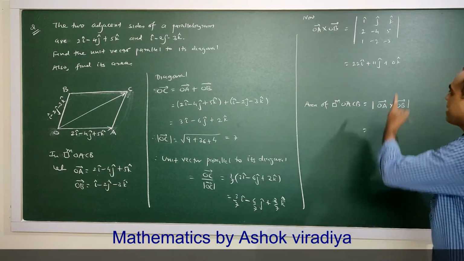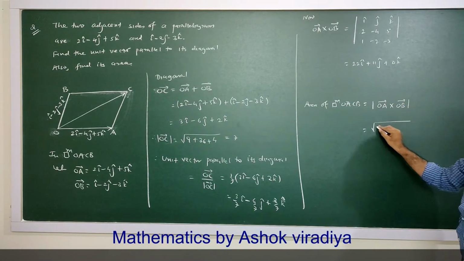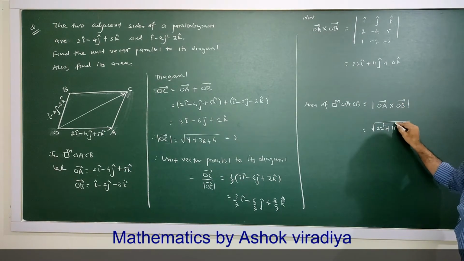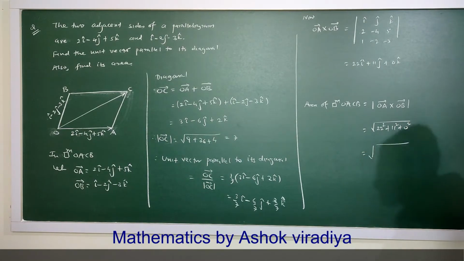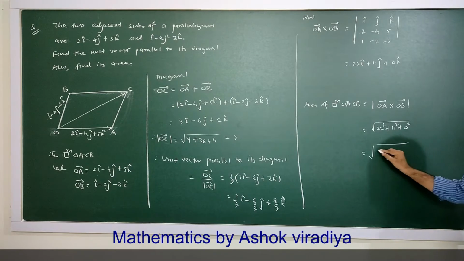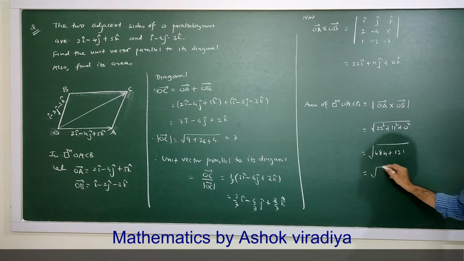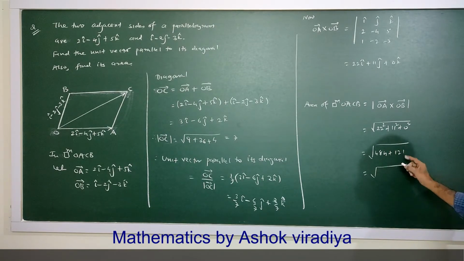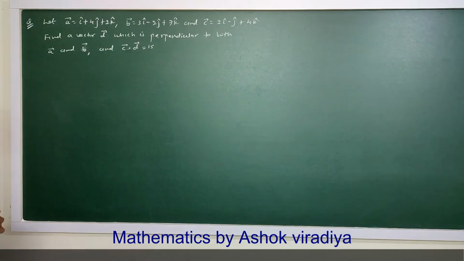So the magnitude of this vector is square root of 22 square plus 11 square plus 0 square, that is 22 square 484 plus 121, so the square root of 605, that is the required area.